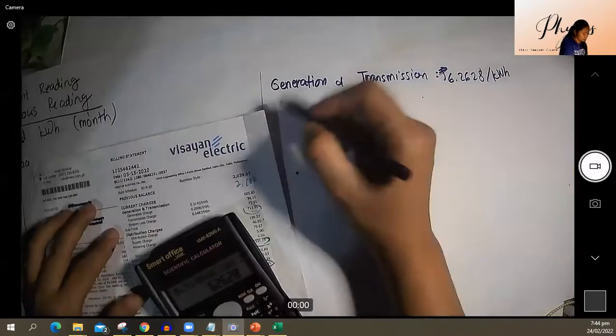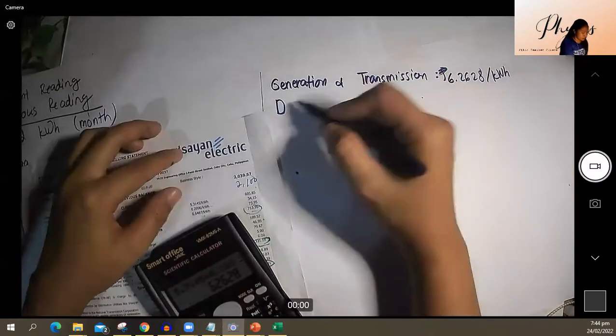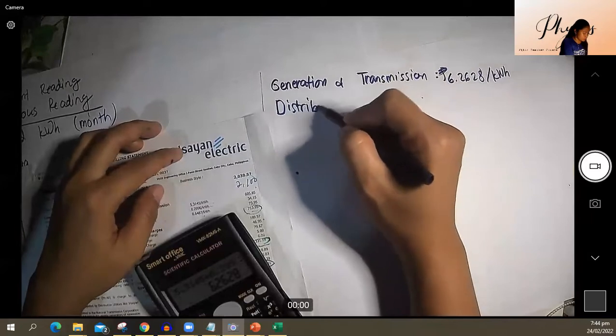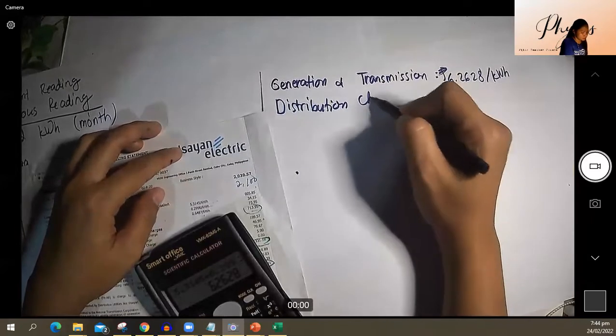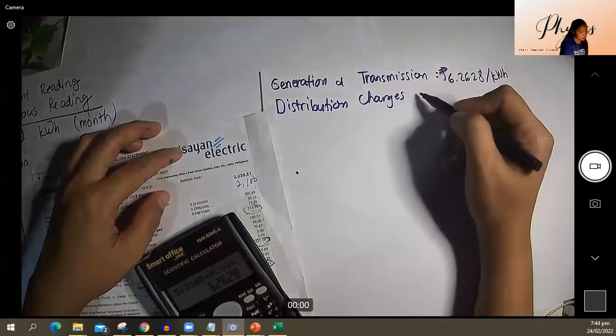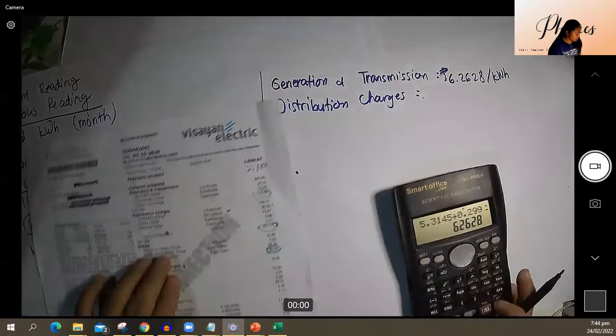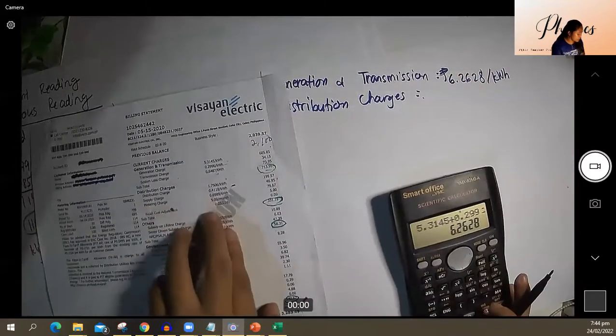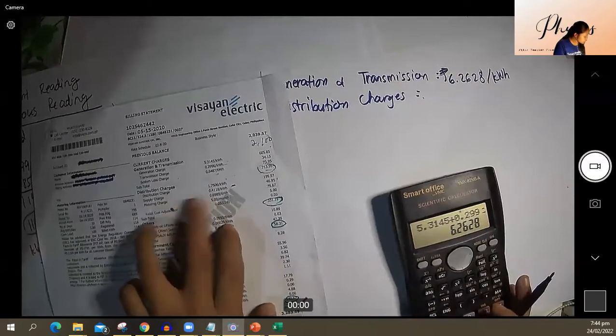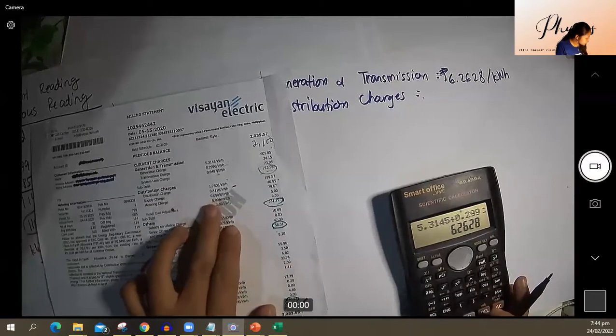For distribution charges, we can also get the total. Considering the other remaining fees, we have the supply charge and the metering charge.